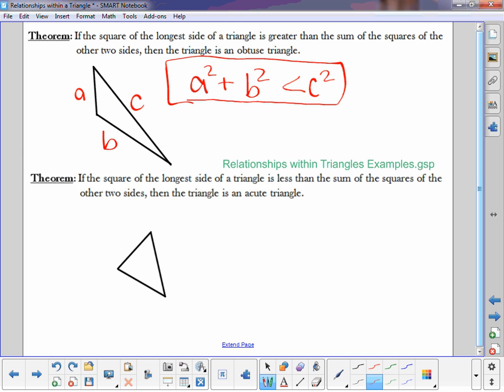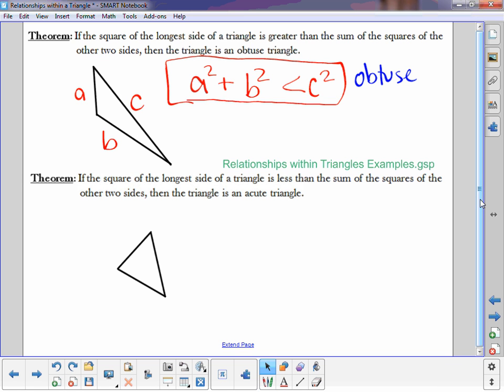If I take my small and my medium side and square them, add them together, compare that with my long side squared, and my long side squared, instead of being equal, is the bigger value, then I know it's an obtuse triangle. I'm going to write obtuse next.